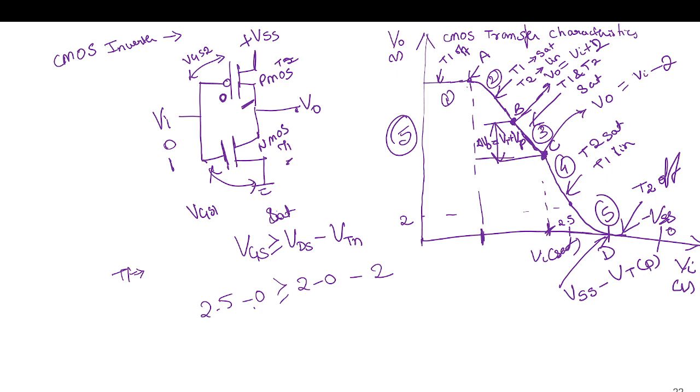Ma'am, actually, what is T1 and T2, ma'am? T1 is this transistor, T2 is this transistor, PMOS. Ma'am, in this fourth region, actually T2 should go into linear region, no?